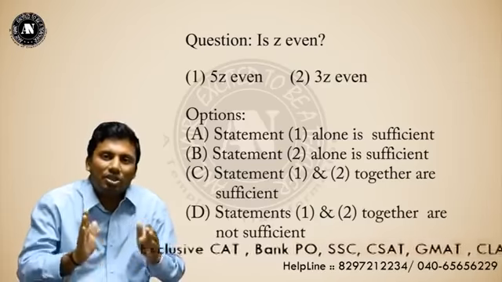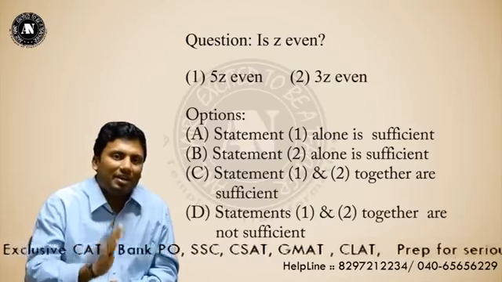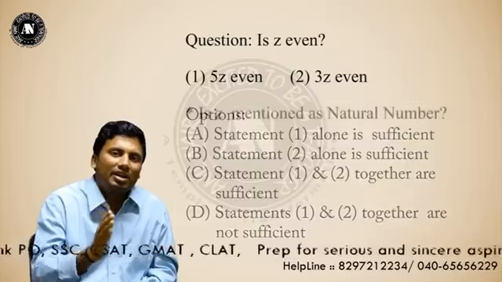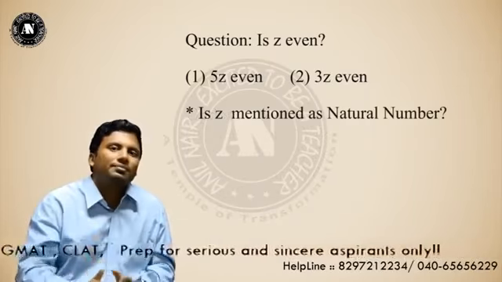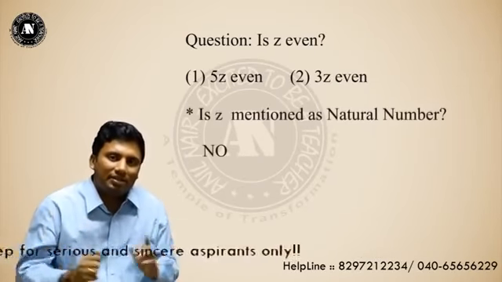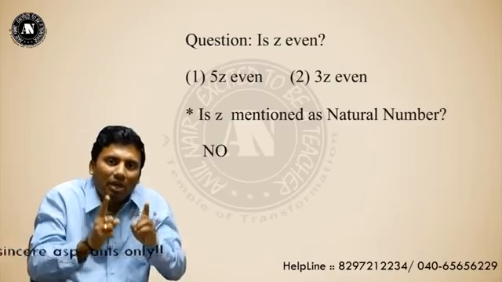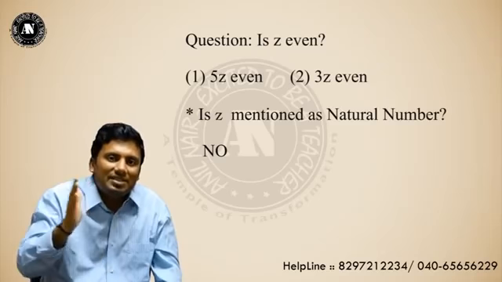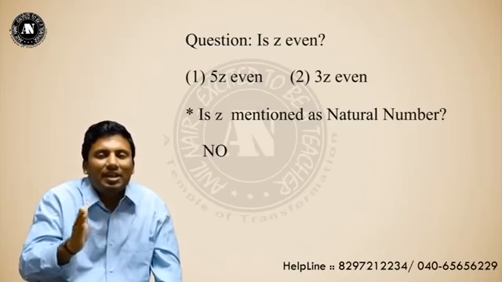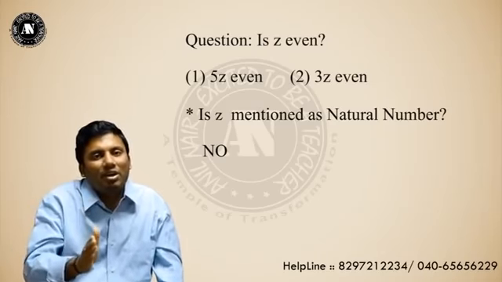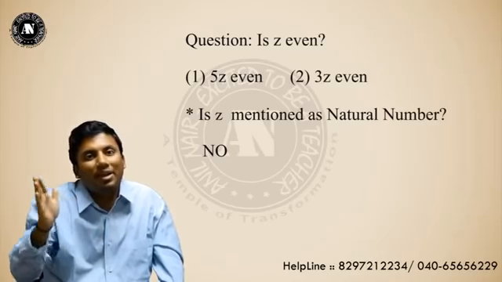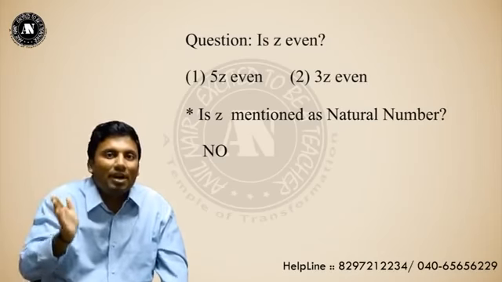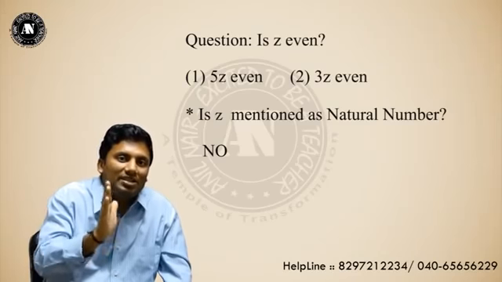First of all, anywhere in this question, is it mentioned that Z is a natural number? It is not mentioned. Then why are you taking statement 1, that is 5Z is even? 5 is an odd number, multiplied by any number is even, that number has to be even, so Z is even.